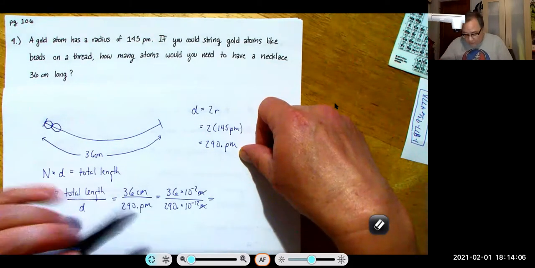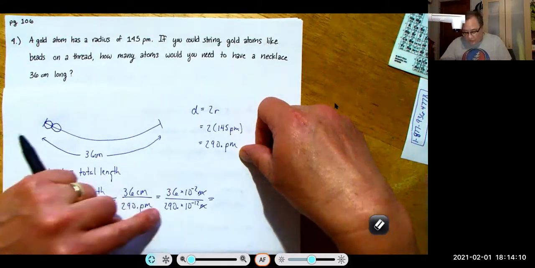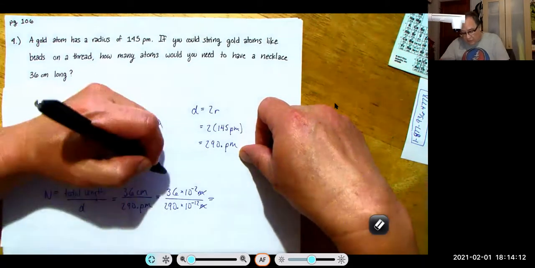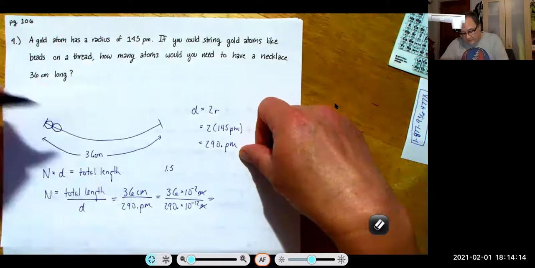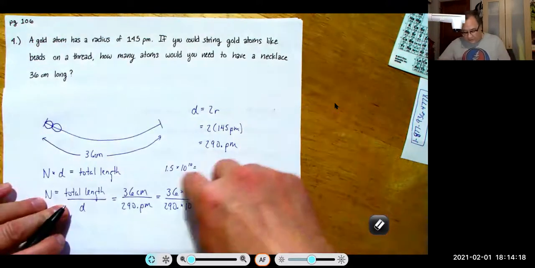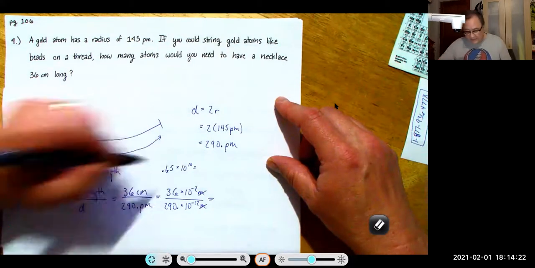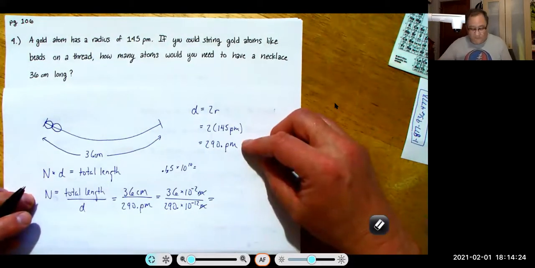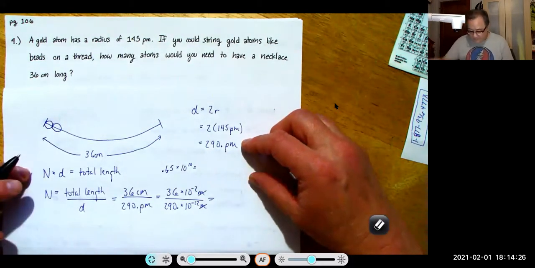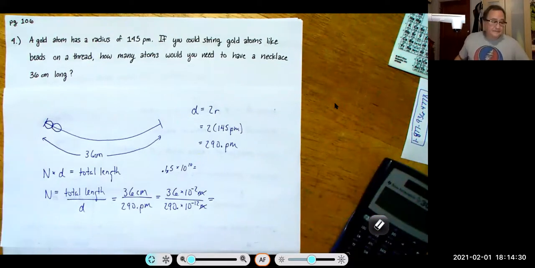If this were 360, this would be 1/10. So this is a little more than 1/10. So we'll call it 1.5 times 10 to the 10 is our answer. Excuse me, 0.15 times 10 to the 10 is going to be our answer, or 1.5 times 10 to the 9.